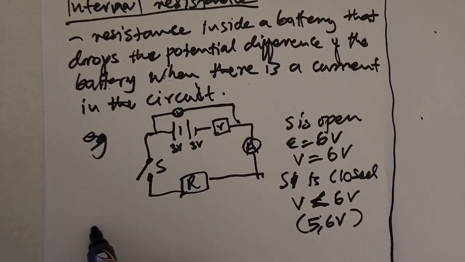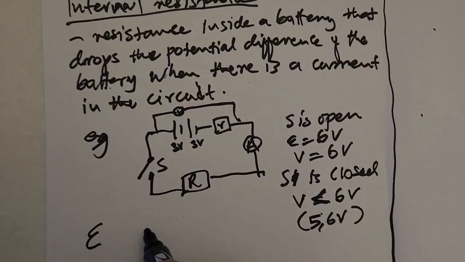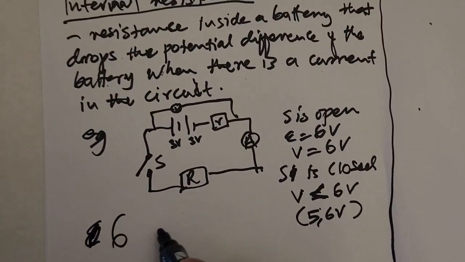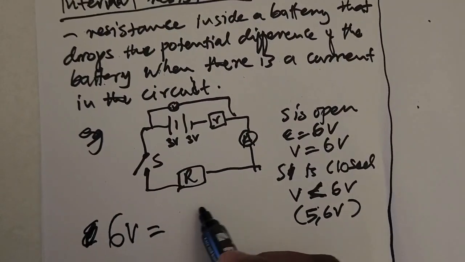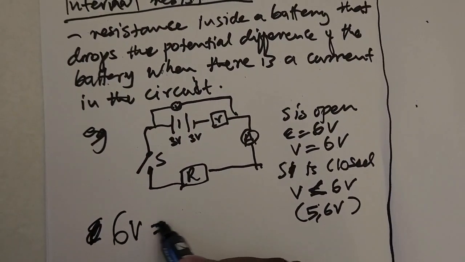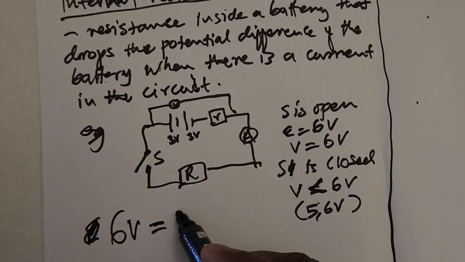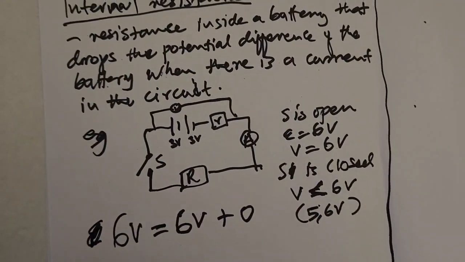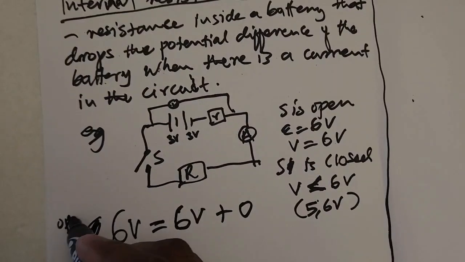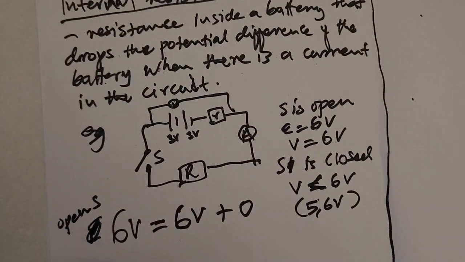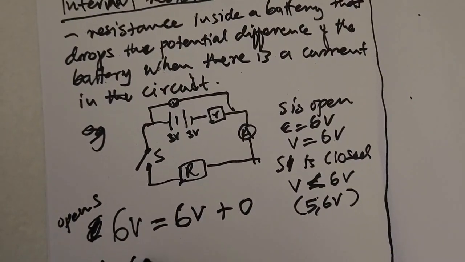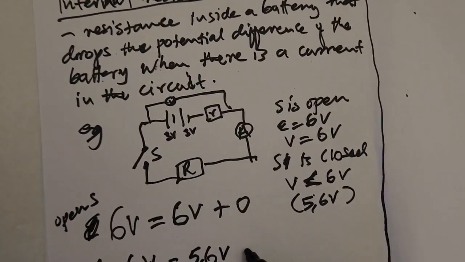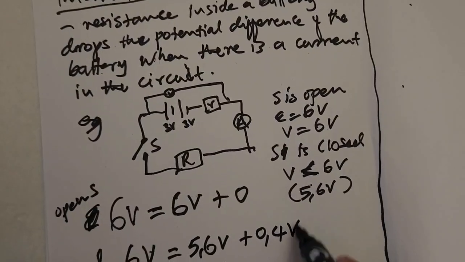So the total voltage is 6 volts, but when there's no current flow in the circuit, the voltmeter will read 6 volts plus 0. When S is closed, you will find that we still have 6 volts of the battery, but now this is 5.6 volts plus 0.4 volts.